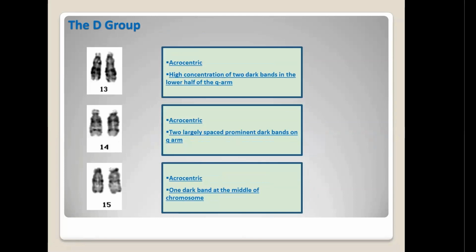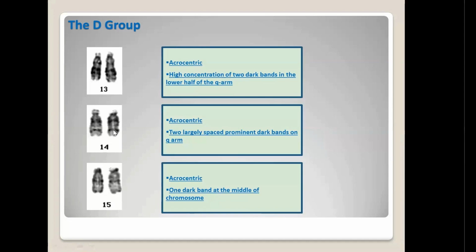Okay. Now coming to D group, which includes chromosome 13, 14 and 15. All are acrocentric chromosomes. Actually, they are very easy to identify. In chromosome 13, there are 2 dark bands in the lower half of the Q arm, while in chromosome 14, there are 2 dark bands but largely spaced.